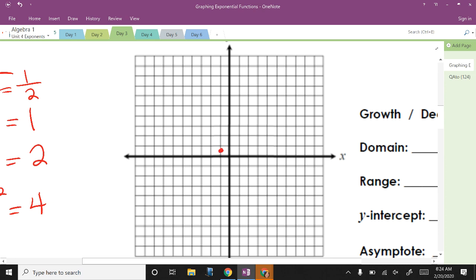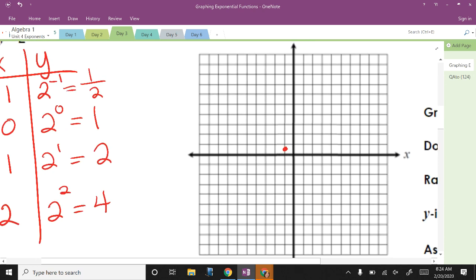And then I have the point 0, 1, which is right here on the y-axis. I'm trying to graph it, and it's not letting me. And then I have the point 1, 2. Yep, right 1 up 2. I zoomed in, sorry.